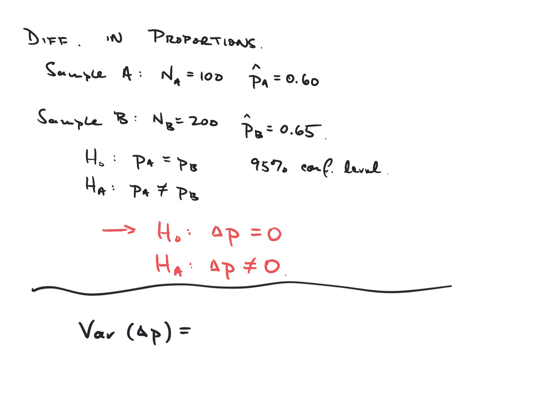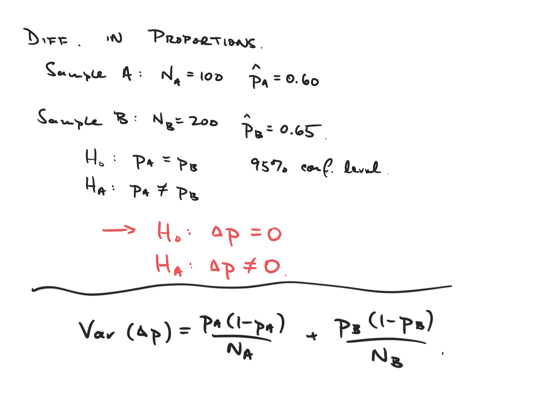This is PA times 1 minus PA over NA plus PB times 1 minus PB over NB.